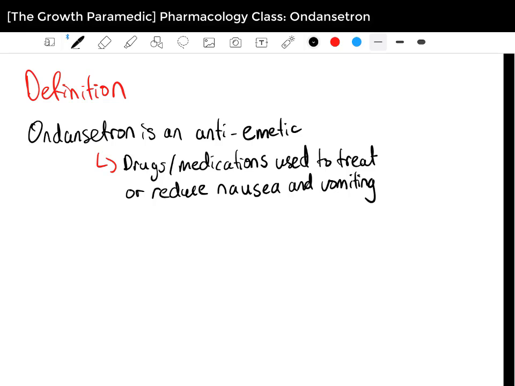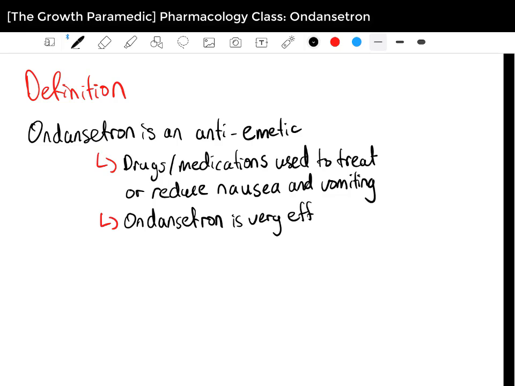So Ondansetron, when you administer it in the pre-hospital setting, its main goal is to stop you feeling that kind of sickness and that feeling you want to vomit, or even vomiting itself. And when it comes to this medication in particular, Ondansetron is very effective in its job.